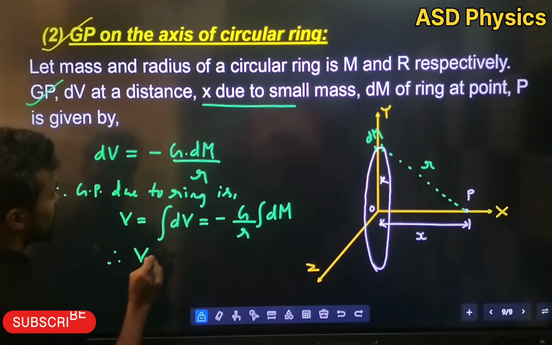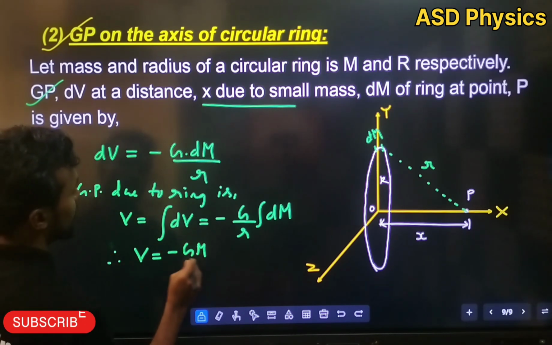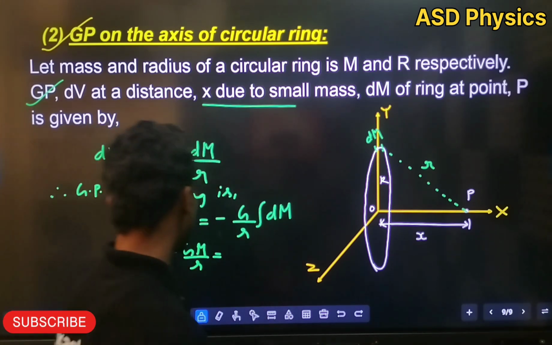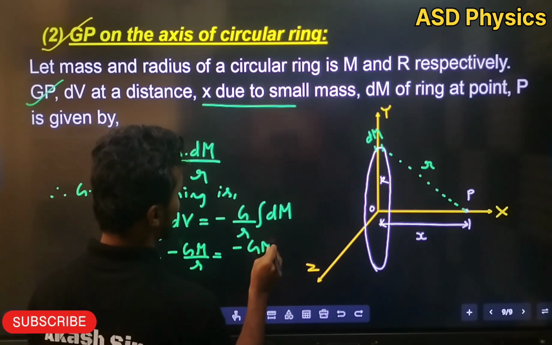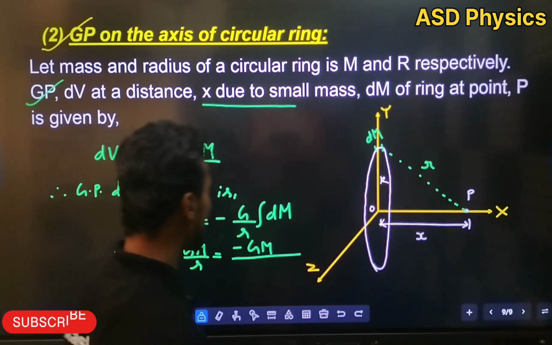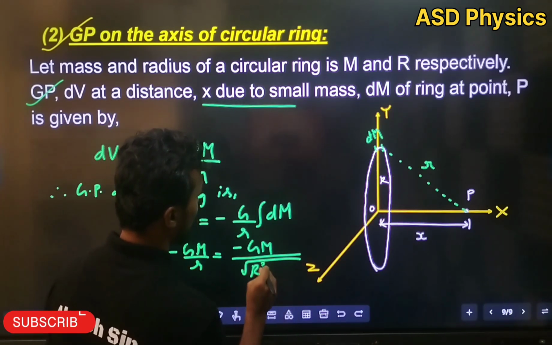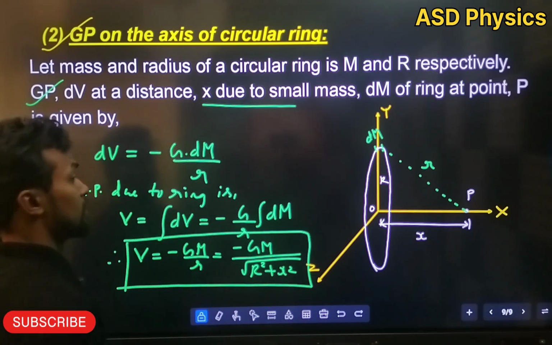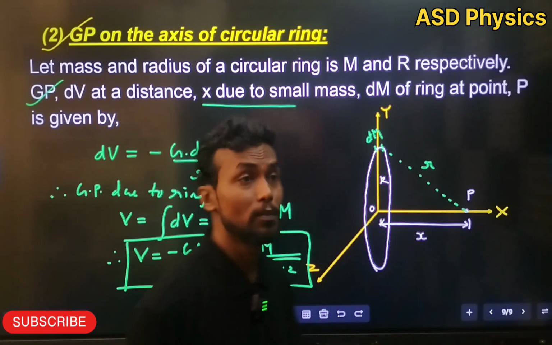That means minus GM by small r, because integration of dm will be M. Now from the Pythagoras theorem, my very intelligent students will tell me, small r is the square root of R square plus x square. This is the potential at a distance x from the origin.